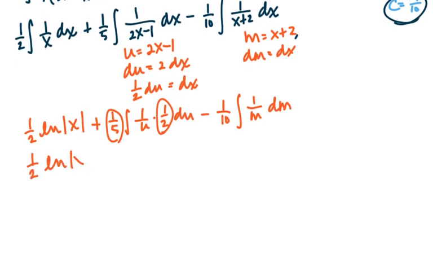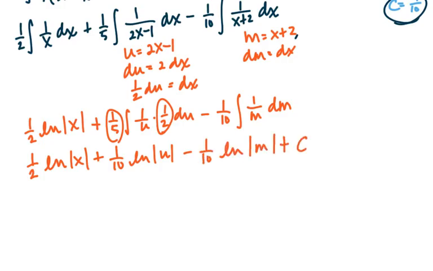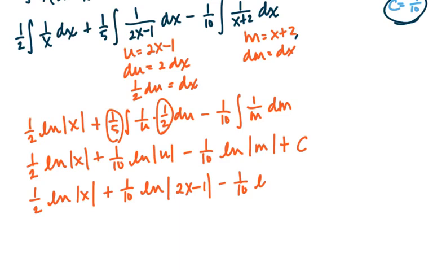So we have 1/2 natural log absolute value of x, plus 1/10 natural log absolute value of u, minus 1/10 natural log absolute value of m, plus C. So we have 1/2 natural log absolute value of x, plus 1/10 natural log absolute value of 2x minus 1, minus 1/10 natural log absolute value of x plus 2, plus C. You need to practice this before you do very many, but I'm going to go ahead and do the next part on the next screen.